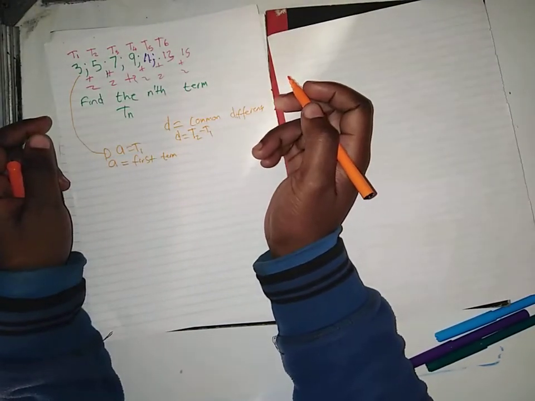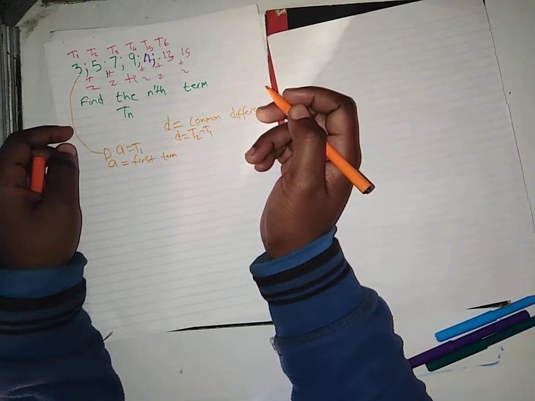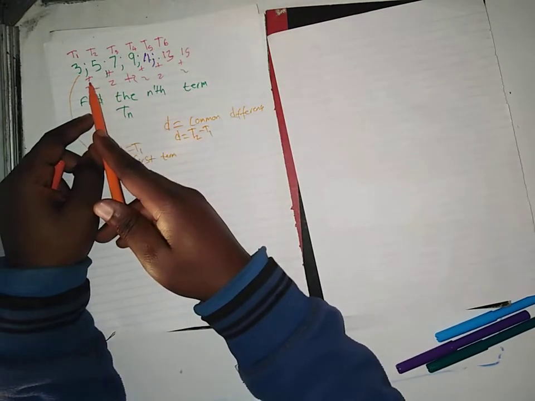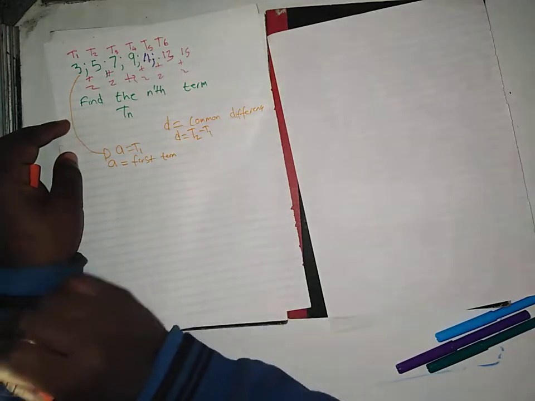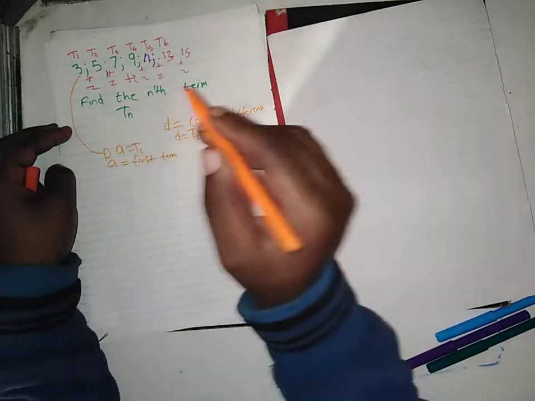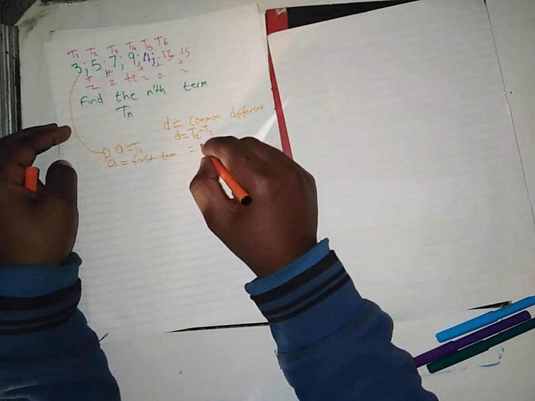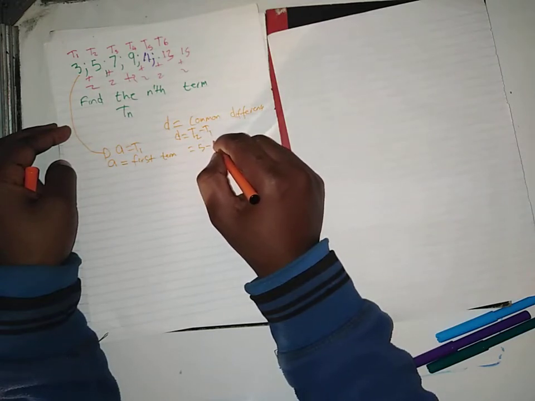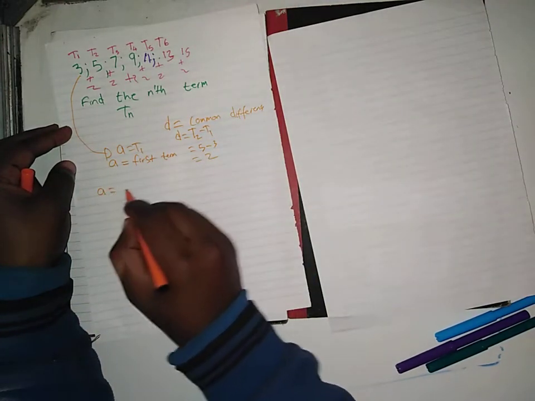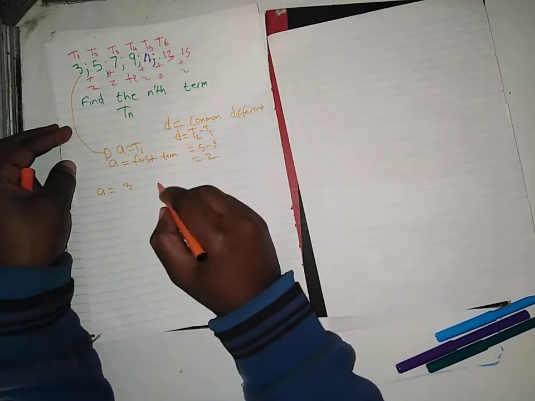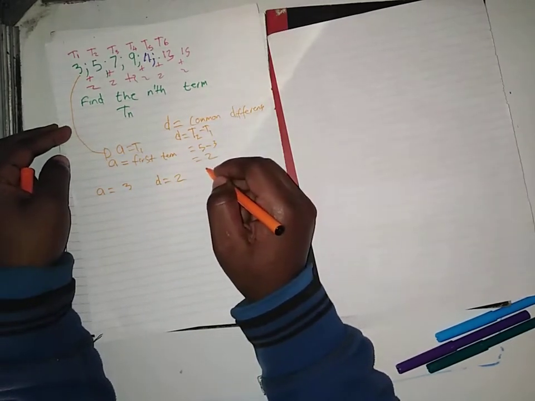Any terms that you can pick will give you the common difference, which is the same, because you can notice that you keep on adding the same number in order to get this. All right. So in this particular case, our D is T2, which is 5, minus 3, which is equal to 2. So you've got our A, that is 3. And then you've got D, that is 2. Okay?